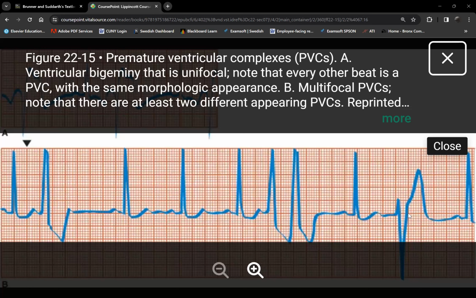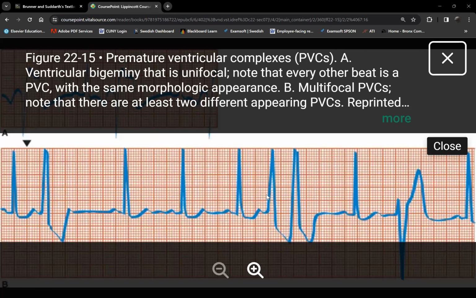If, however, it contains another type of PVC, so this one is another PVC. It looks nothing like the other premature beats. This one is as distorted as these, but they obviously don't look the same, do they? So if a patient has different appearing PVCs, then we call it multifocal.